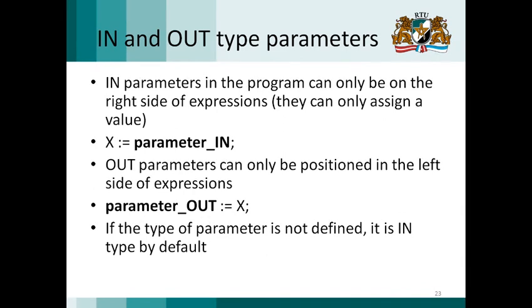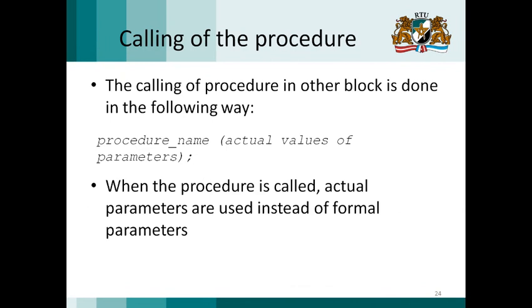And there is also the in-out type, and as we can guess, it means that it can be both on the right side and the left side of the expressions. It means that they can assign a value and they can be assigned a value. So this is the third type of these in-out parameters.